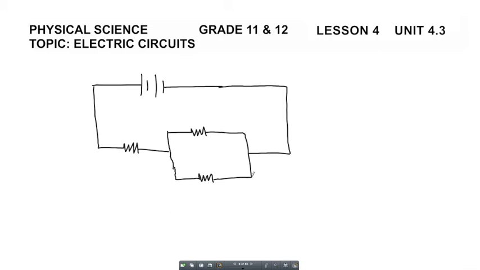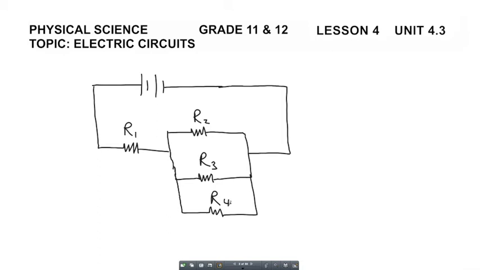By default, I'll consider this as R1, R2, R3. So if we want, we may also extend it to R4, just to make it more interesting. So I'll have another resistor here, I'll call it R4.